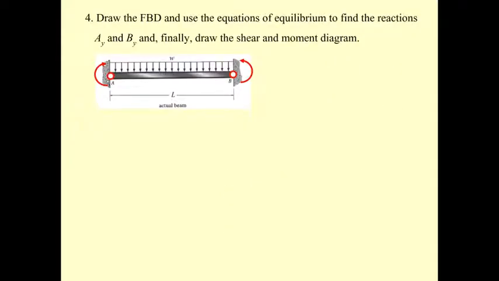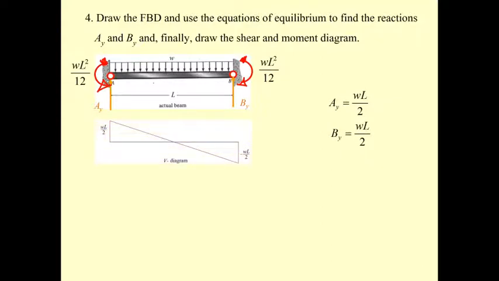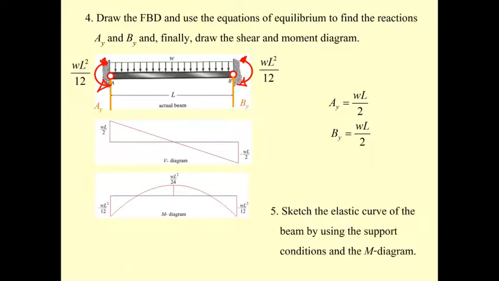Okay, so the solution of this is going to have this direction of the moment, and then you may determine the reaction of WL over 2, and then you can draw the shear diagram, you can draw the moment diagram easily. Okay, and then you can get the elastic curve.